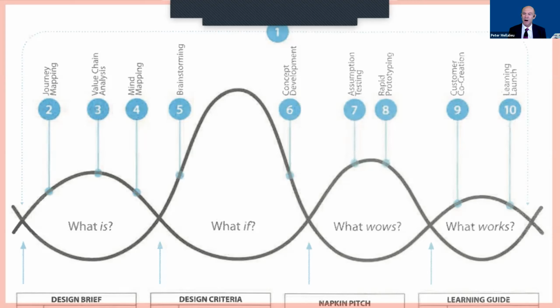Would people buy it? And we get towards what works. We co-create with our customers to build not just a new product, but a new service, or even a new way of running an organization, or even launching a whole new business to deliver something that wows, but also something that works, something that's in the sweet spot.